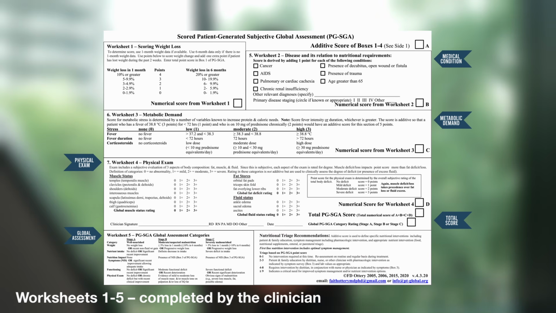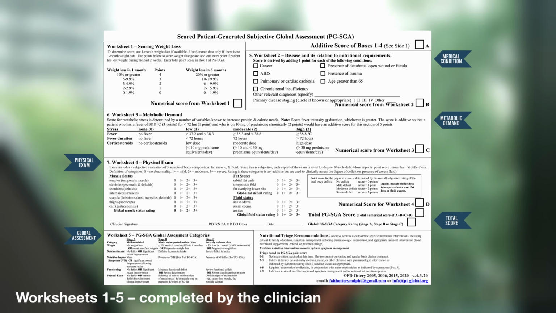Worksheets 1 to 5 are completed by the clinician, such as a dietitian, doctor, nurse, or therapist, with the patient's input. These sections capture conditions that increase nutritional risk, metabolic stress, the nutrition-focused physical examination, and the clinician's global assessment based on the consolidated score.